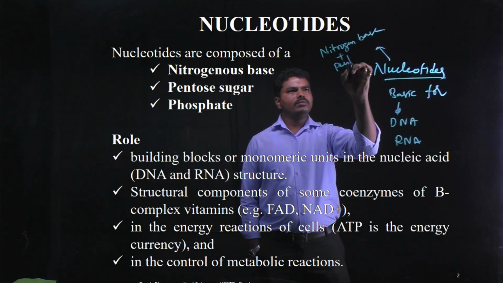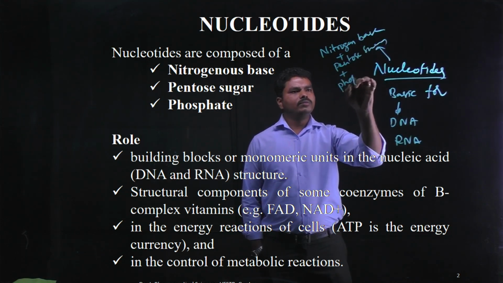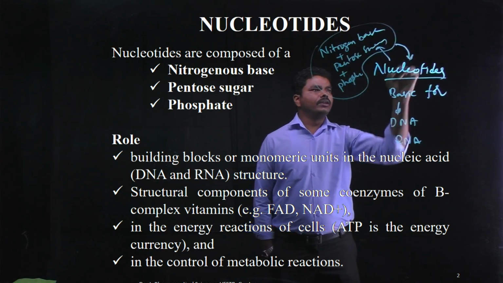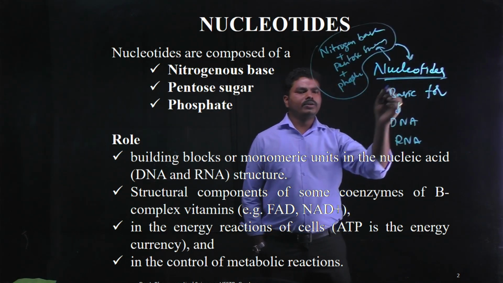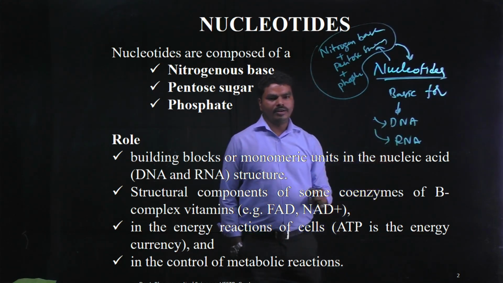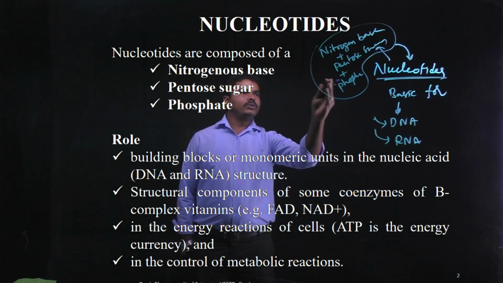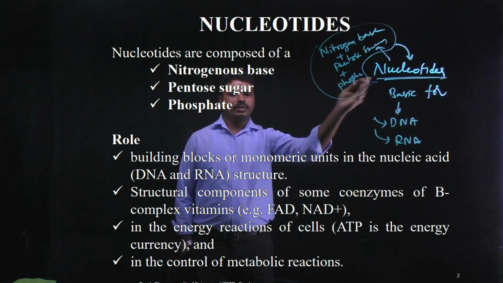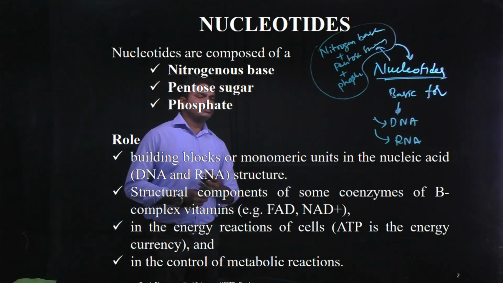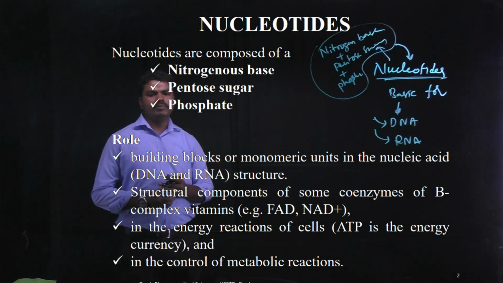By combining these three, we produce the nucleotide, and these nucleotides combine to form RNA and DNA. First we'll see what the nitrogen bases, pentose sugar, and phosphate present in the nucleotides are. But before discussing all these things, we should know the role of these nucleotides in the biological system.